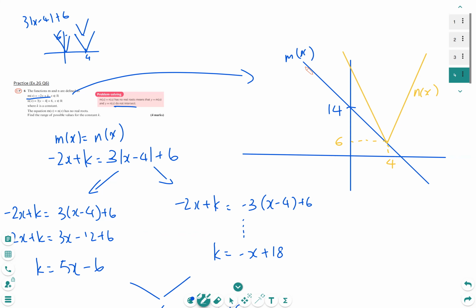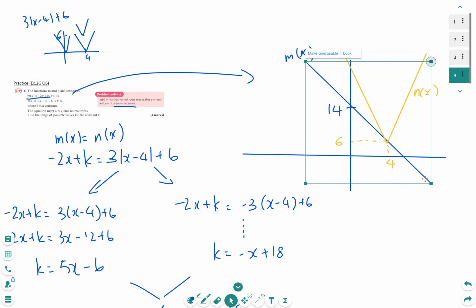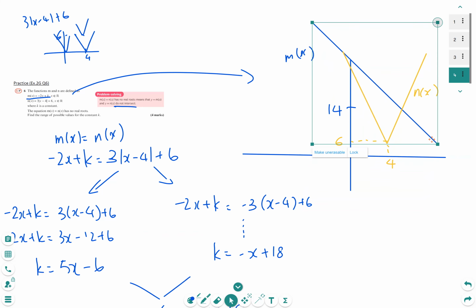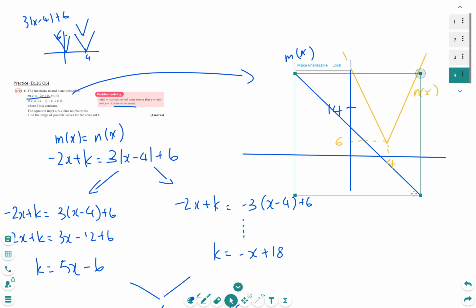Now, if you want the graphs m of x and n of x not intersecting, how would you move the blue line? You have to move it down, don't you? Because if you move up, they will only intersect more and more, twice. But if you don't want them to intersect, you have to move them down.